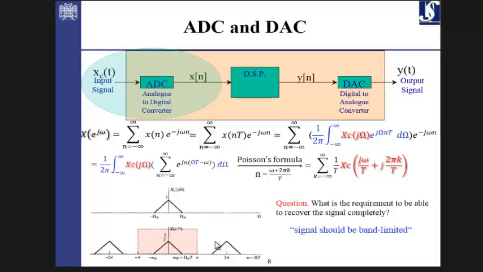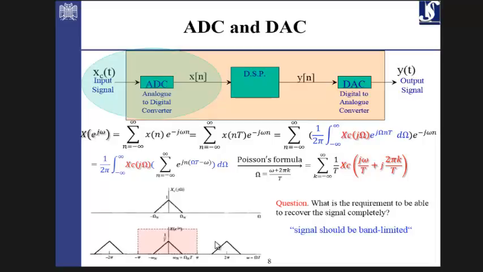As an example, the condition of not having aliasing is that you should have a condition for the sampling. T is the period of sampling, and 1 over T is the frequency of sampling. So you're multiplying the bandwidth with T, the period of sampling.